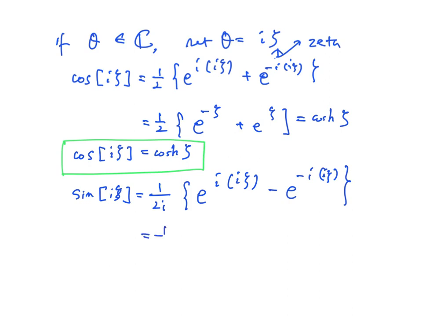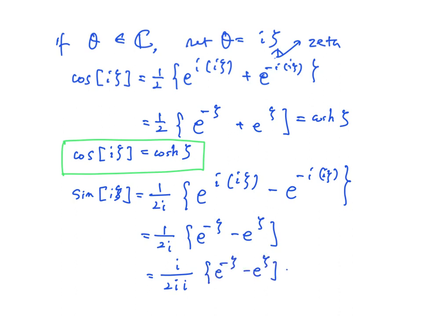So that is 1 over 2i times exponential minus theta minus exponential theta, the same as i over 2i times minus... This is minus 1.